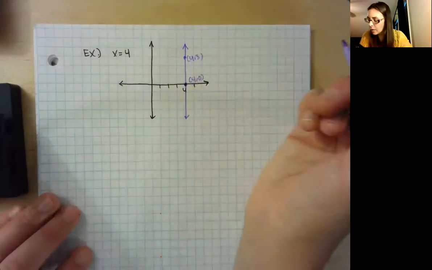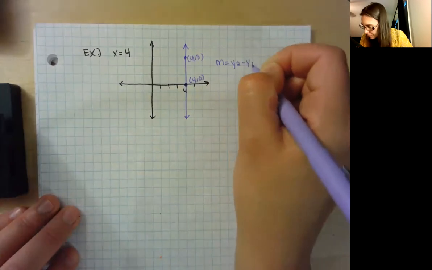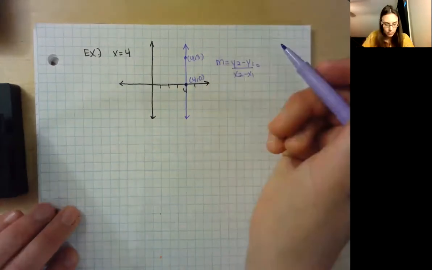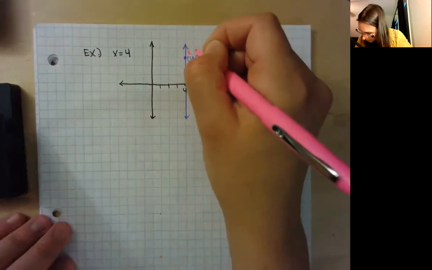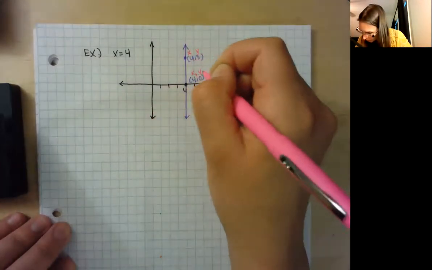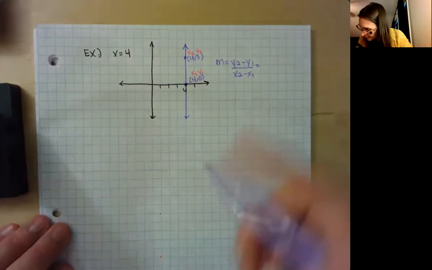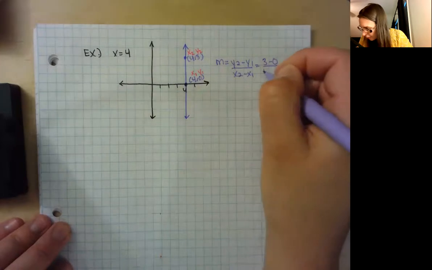I'm going to find the slope here just to kind of show you what happens. So I'm going to subtract my y values first. So this is going to be x, y, x, y. I'll make this point 1 and point 2. So I'm going to have 3 minus 0 on the top, and then 4 minus 4 on the bottom.